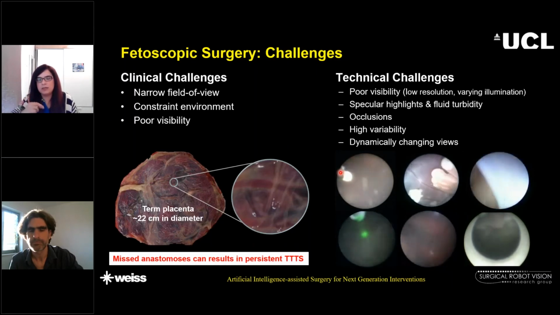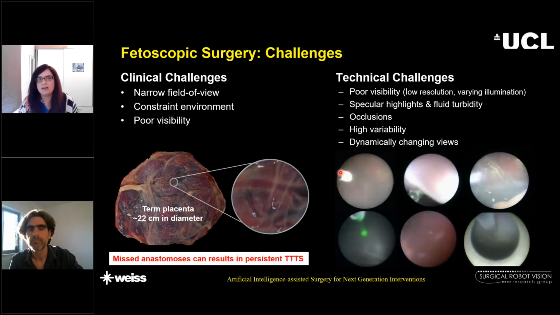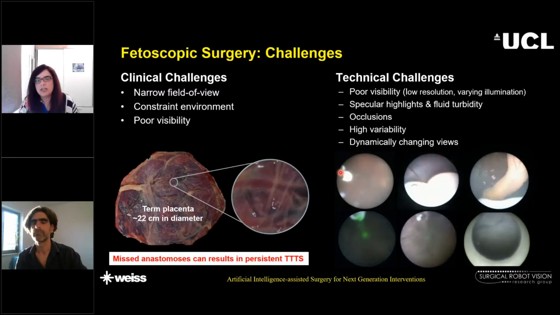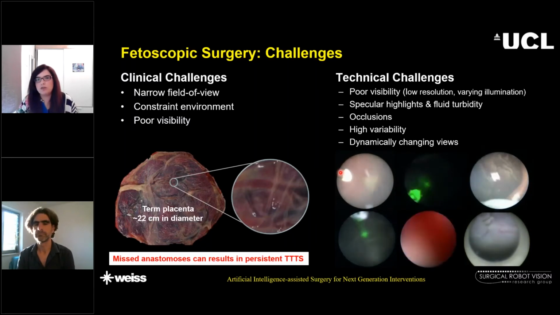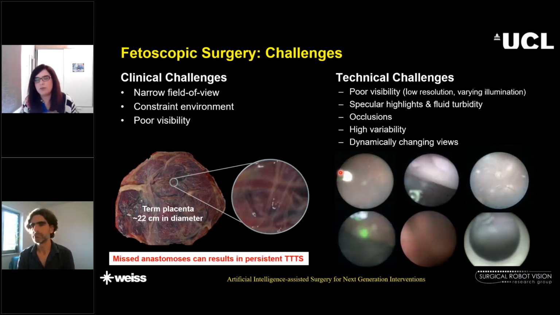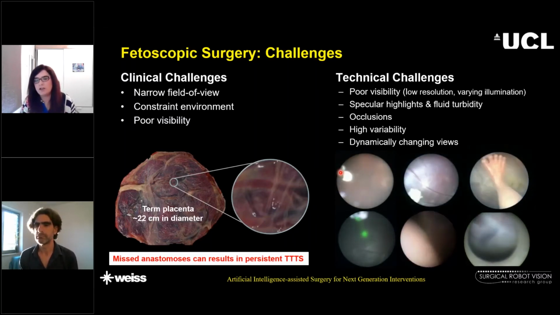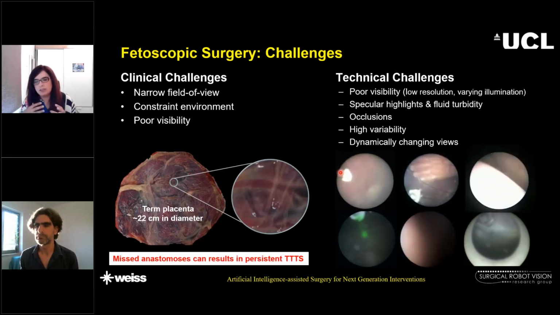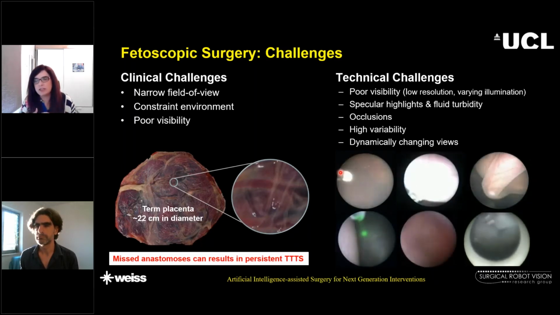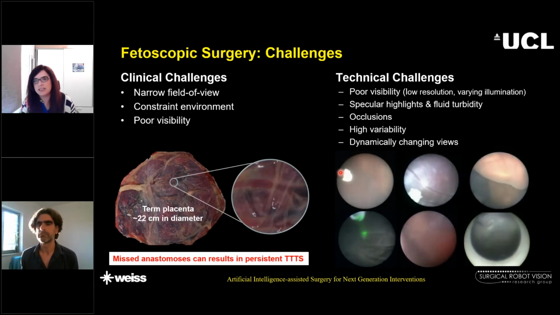The scope can only be steered in a few directions around the remote center of motion. The view has very poor visibility because of the fluid particles floating around, because of the reflection from the light, and also because the cameras are very low resolution in this particular setting.